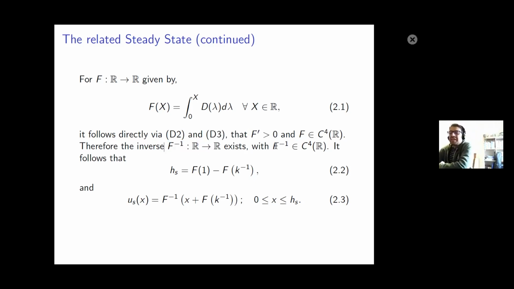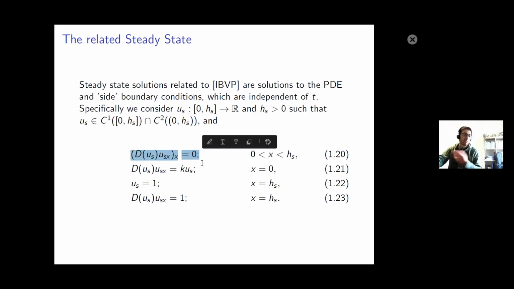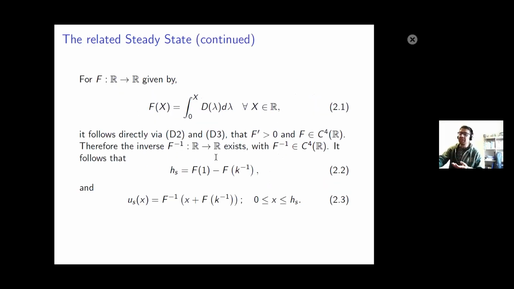And once you have f inverse, if you evaluate f of u of s of x and differentiate it twice, you'll observe that that's the same as writing this PDE. So that PDE can be reformulated as f of u of s of x equals ax plus b, where you just have to solve for a and b in a comparable way to how we solved the linear case of the heat equation earlier in the talk.